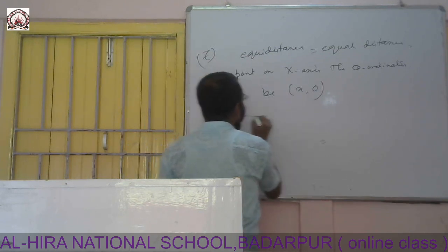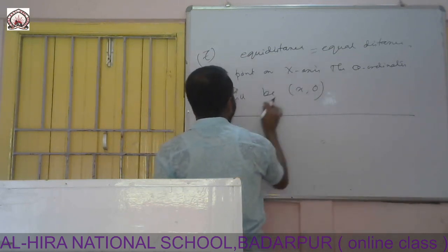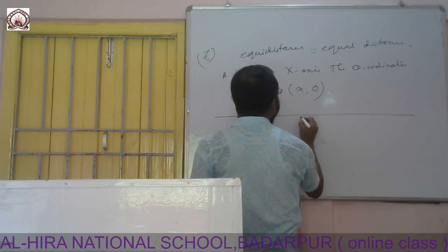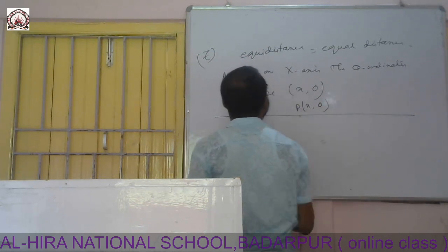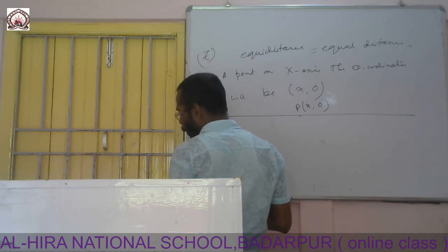Now we draw a line. So equidistant means this point P, which is (x, 0), and 2 points are given.